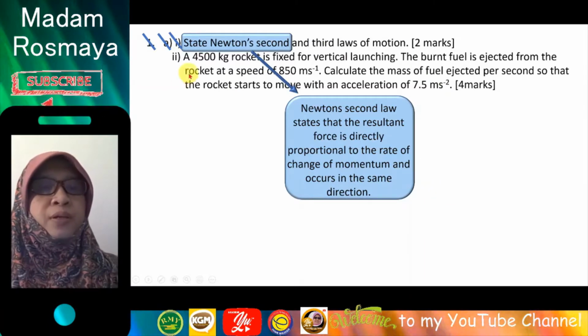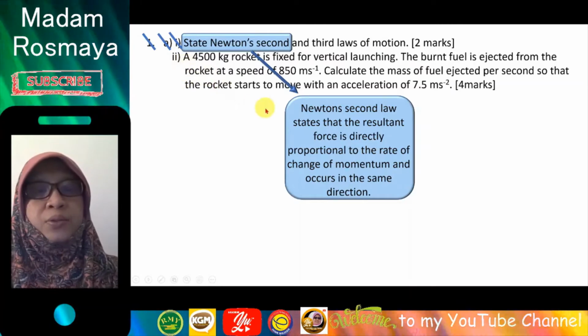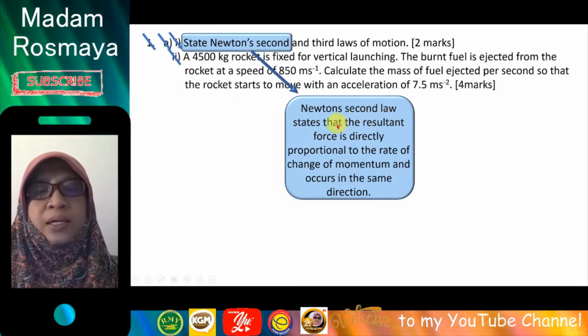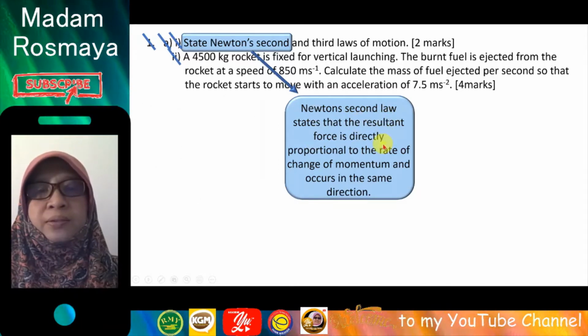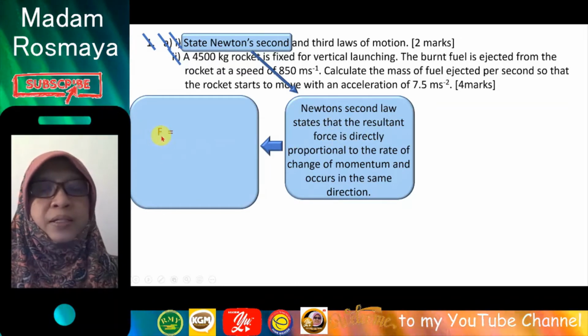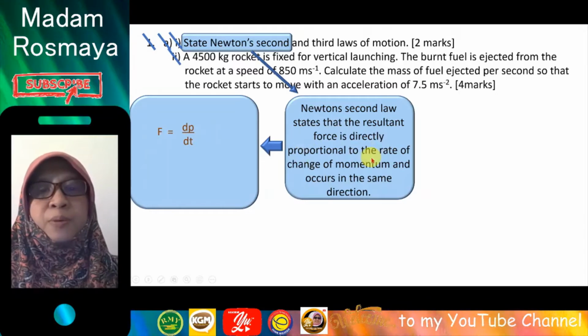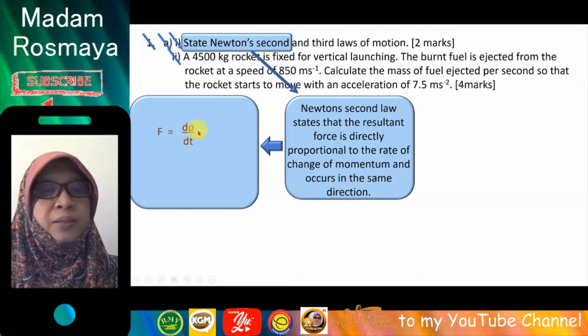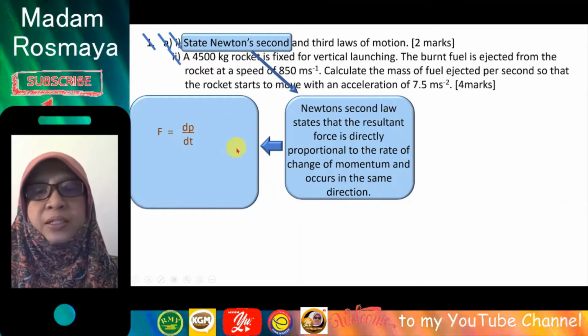Okay, before we continue with question A2, you need to know what Newton's second law is in detail. The resultant force, represented by the letter F, is directly proportional to the rate of change of momentum, that means dp per dt.